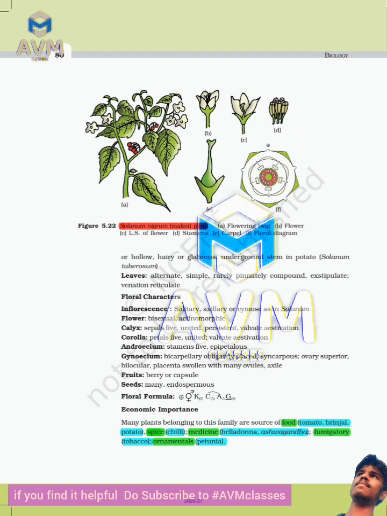Gynoecium, bicarpellary, syncarpous, ovary superior, bilocular, placenta swollen with many ovules. Fruits, berry or capsule. Seeds many, endospermous. Economic importance. Many plants belonging to this family are sources of food, spice, medicine, fumigatory or ornamentals.